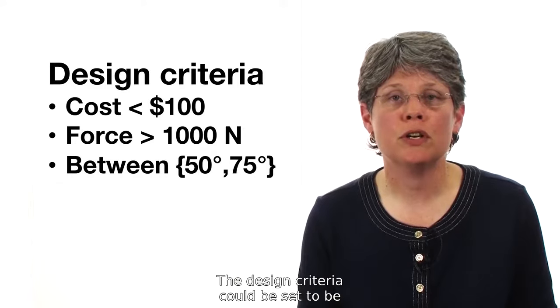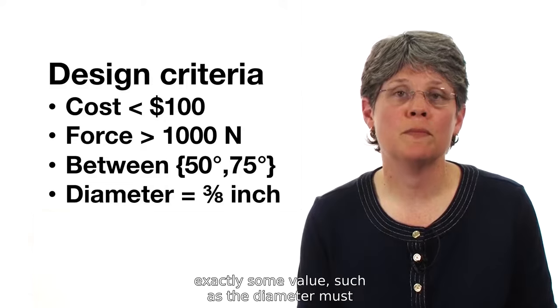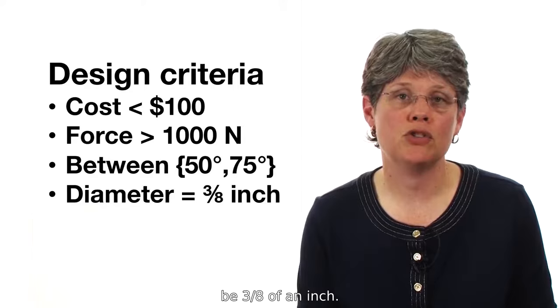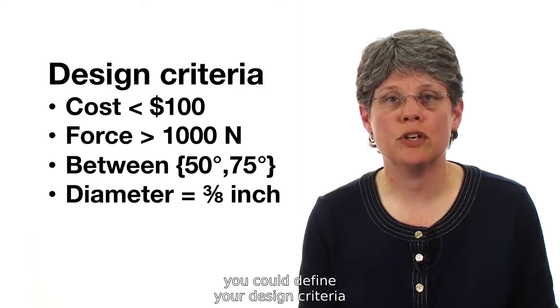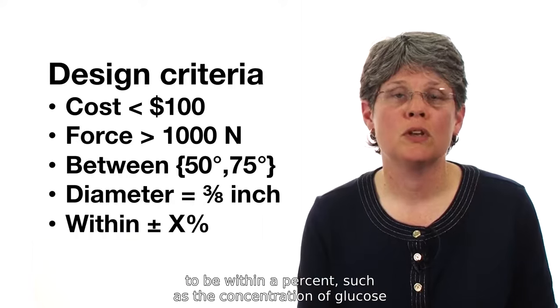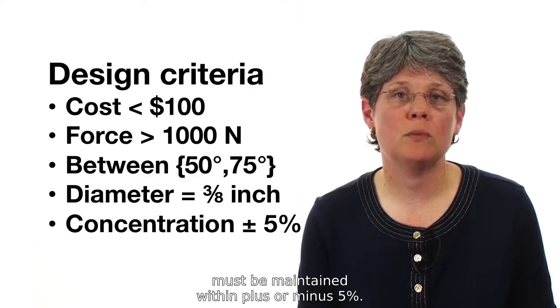The design criteria could be set to be exactly some value, such as the diameter must be 3/8 of an inch. And finally, you could define your design criteria to be within a percent, such as the concentration of glucose must be maintained within plus or minus 5%.